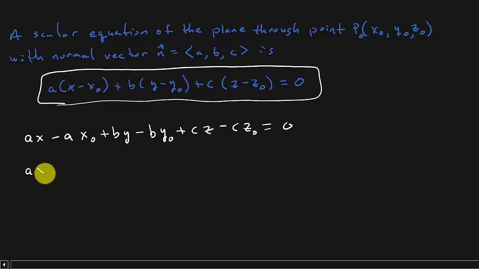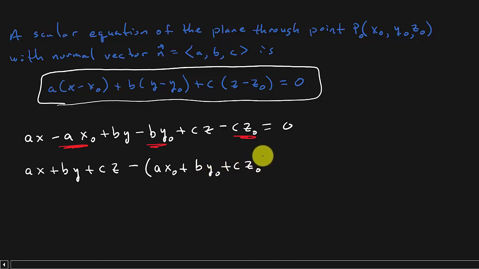And so that's going to give me AX plus BY plus CZ minus, and now I'm going to take these terms and group them together, factoring out a negative: AX0 plus BY0 plus CZ0, equals 0.